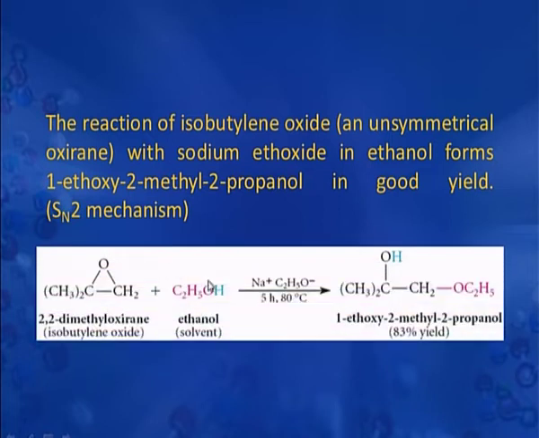Here is an example where the reaction of isobutylene oxide, an unsymmetrical oxirane, is shown with sodium ethoxide in ethanol, and what you will find here is that the yield of this product is about 83%, that is, the reaction is following the SN2 mechanism almost completely.